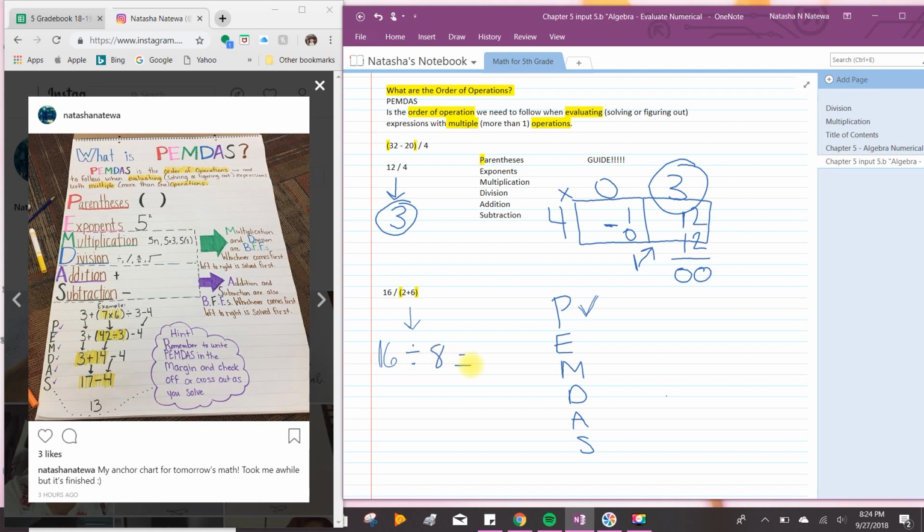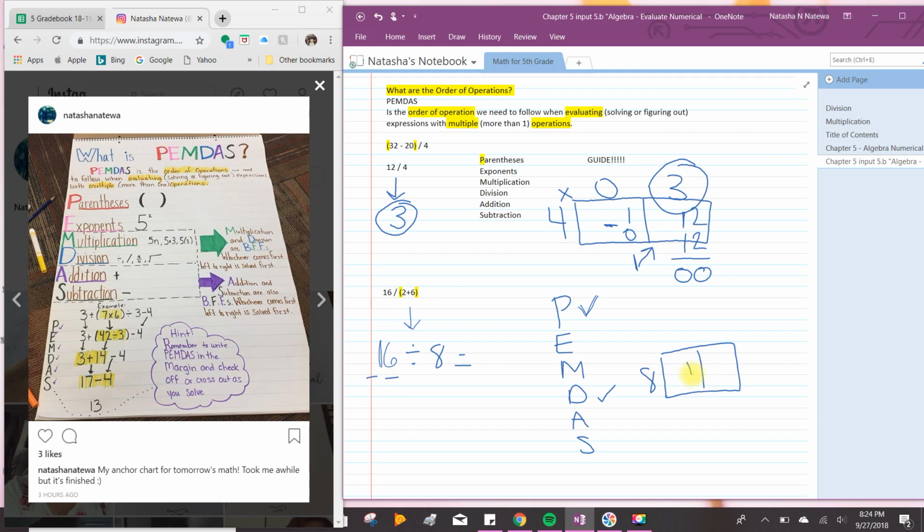What's 16 divided by 8? Well, now that we did the parentheses, now we're doing division. Now you can get your box method here. Put the 8 outside. Draw the 2 boxes because we have 2 digits here.